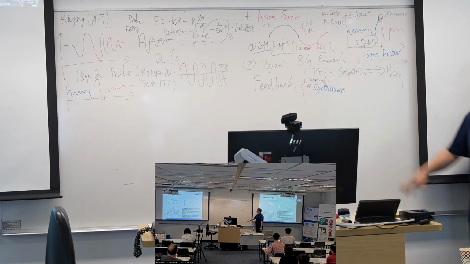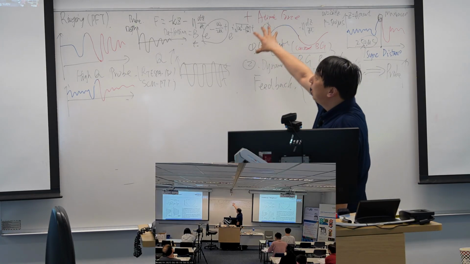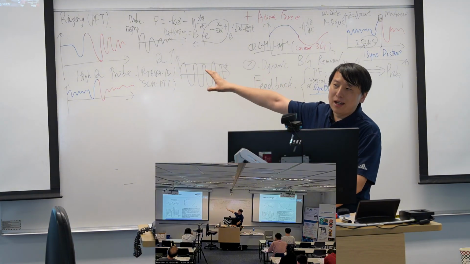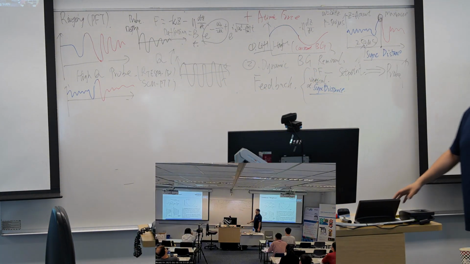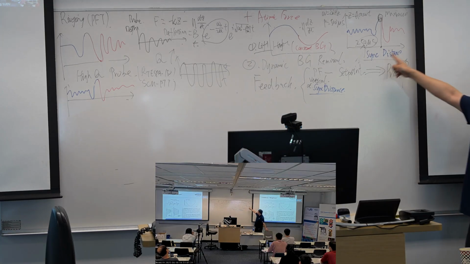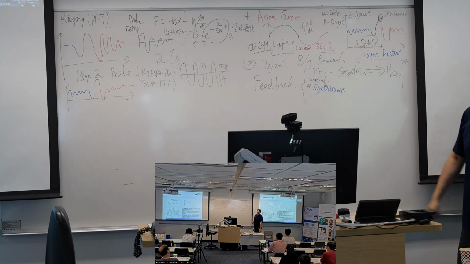So we use the feedback mechanisms, and we use a background removal technique, either lift or dynamic, and then we define a sync distance. We take the vertical value at the defined sync distance and give it back into the feedback mechanisms.